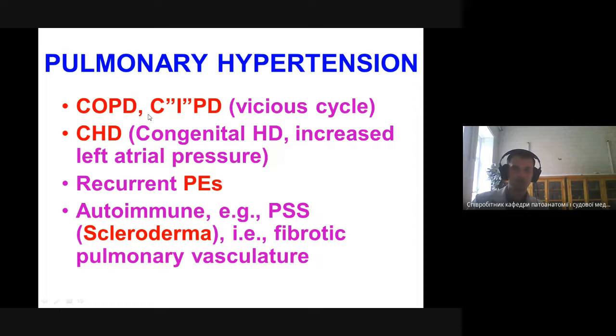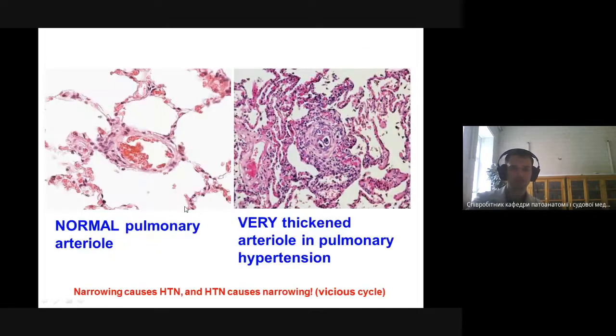Pulmonary hypertension: COPD, congenital heart disease, increased left atrial pressure, recurrent PE. So normal pulmonary arteriole, and this one with thickened wall and narrow lumen: pulmonary hypertension.